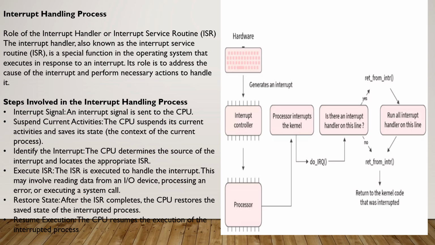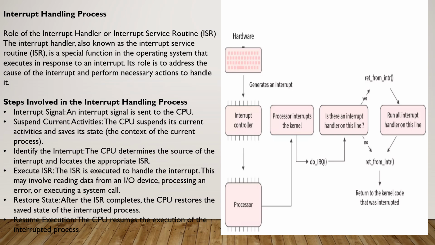Its role is to address the cause of the interrupt and perform the necessary actions to handle it. The steps involved are: interrupt signals, suspend current activity, identify the interrupt, execute the ISR, restore state, and resume execution.